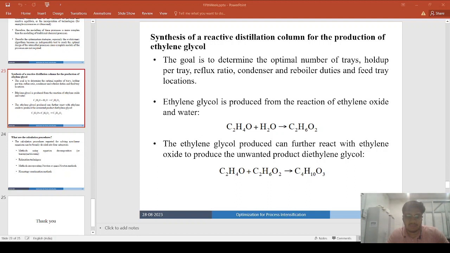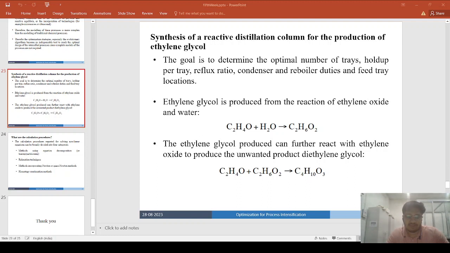optimal number of trays, the optimal feed rates, the optimal feed tray location. The liquid hold up per tray, the reflux ratio, and the temperature and composition profiles within the column are optimized as well. The mixed integer nonlinear programming is solved using generalized Benders decomposition, and the technique is illustrated with the ethylene glycol synthesis.